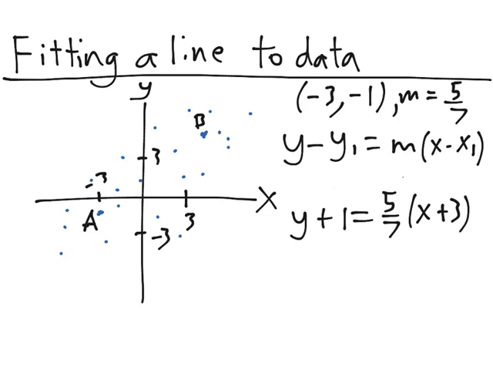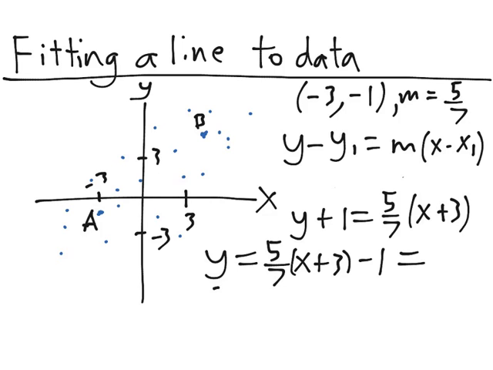Now we can actually simplify this into the more compact slope-intercept form. To do this, let's first subtract 1 from each side of the equation. So we have y is equal to 5/7 times (x plus 3) minus 1. Now we can use the distributive property to simplify 5/7 times (x plus 3).